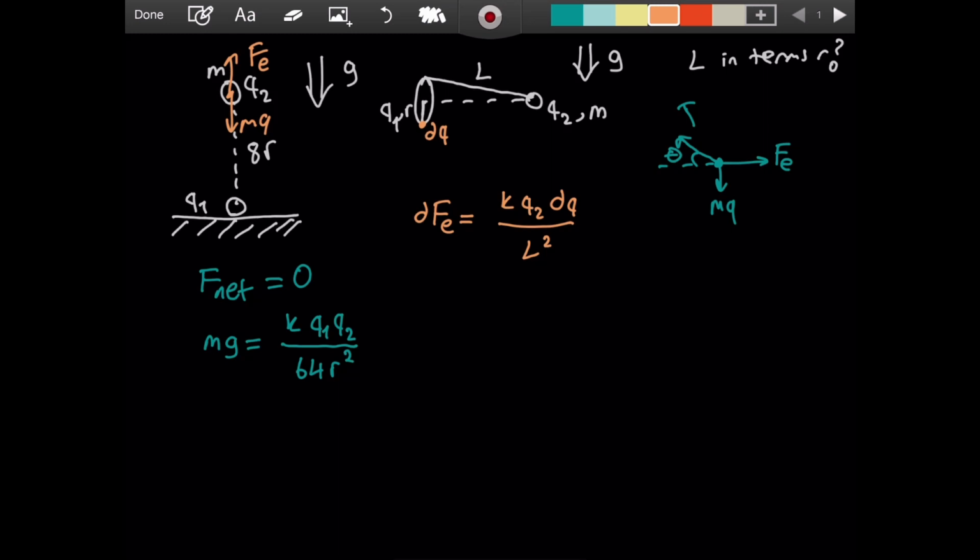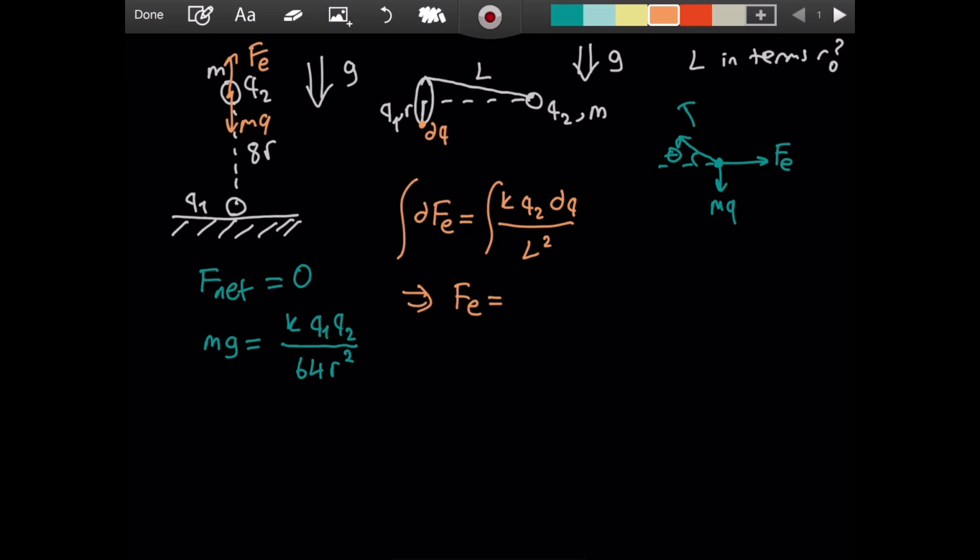And if we take the integral on both sides, we will notice that everything is constant for this integral. L is constant for any point on the ring, so we can basically take the integral of dq, which will give us q, the total charge, which is q1. So this is a very easy integral. In fact, we get that Fe equals, for the second case, right?